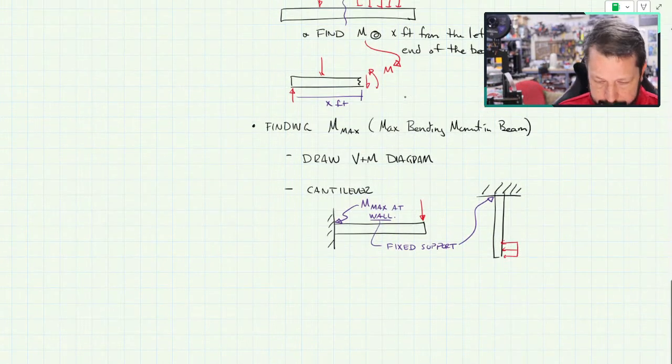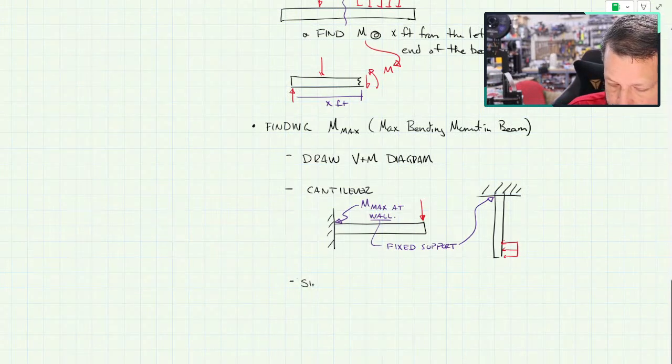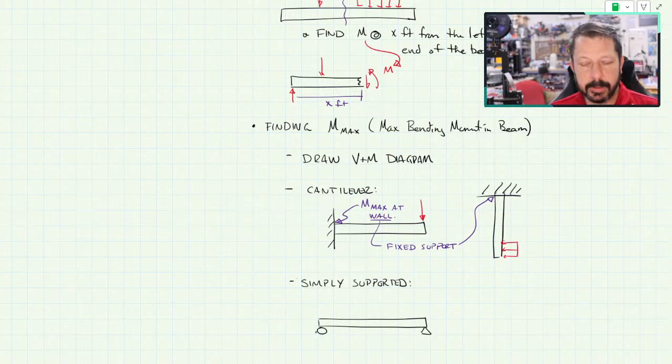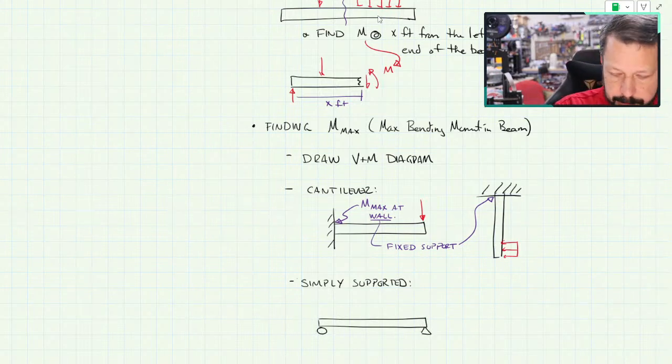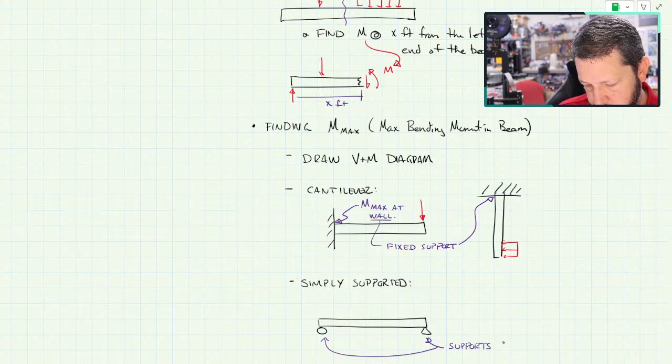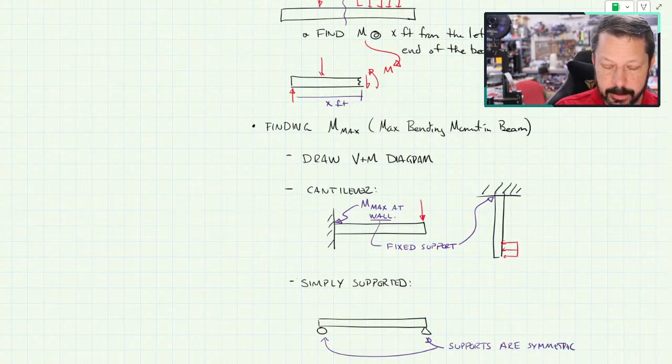If it's simply supported, then there still might be a faster way. So, a simply supported beam, as long as the supports are symmetric and the loads are symmetric.